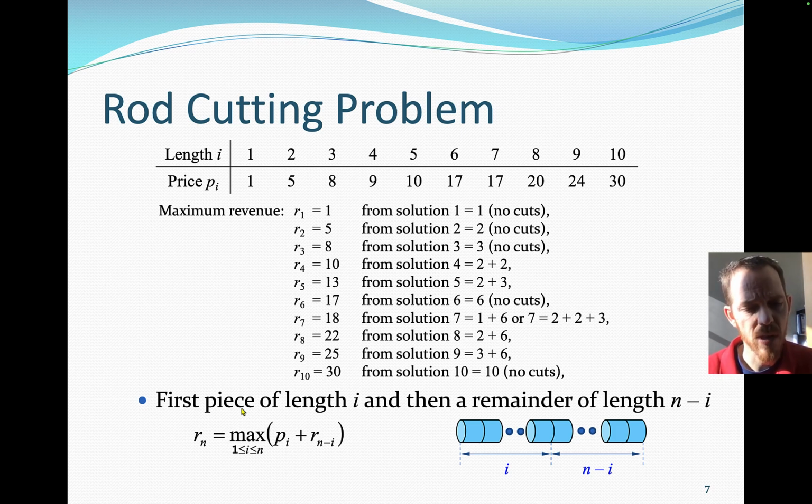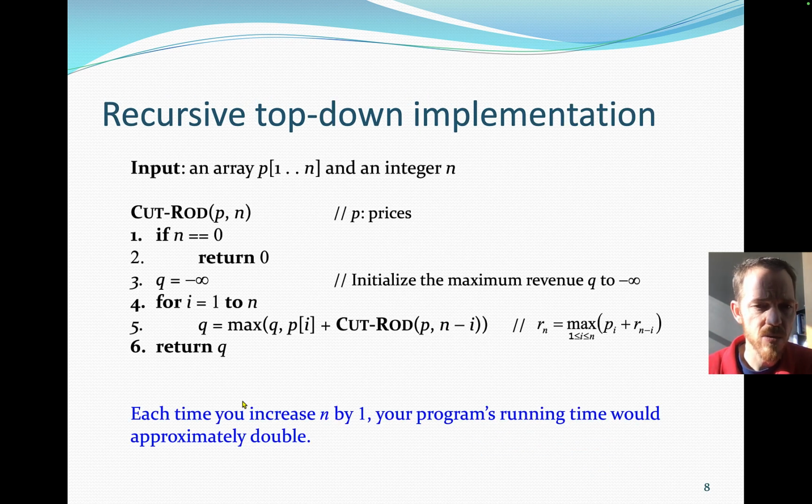Our revenue for size n is the maximum over all choices of i of the price plus the revenue of the rest of it. And so we have this recursive term, r sub n minus i, which is the harder part to figure out. Let's talk about how to do that.